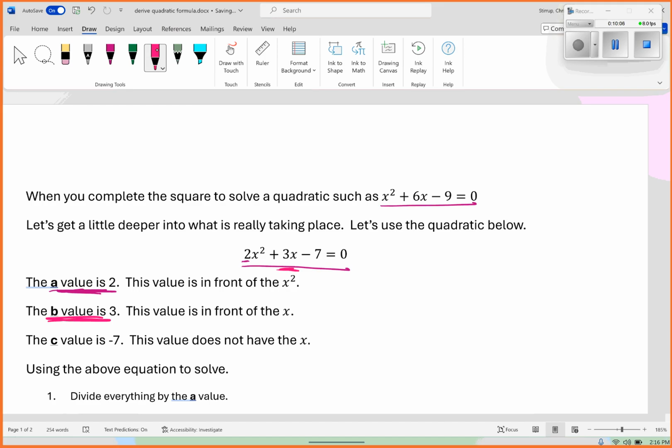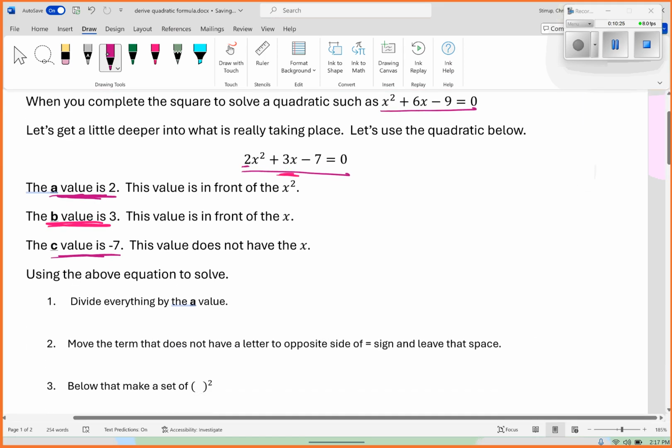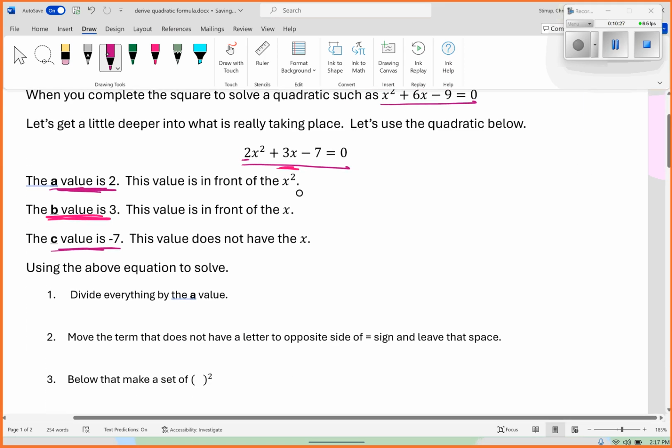That's the number in front of the term that's only x, not x squared. And then the c value is the value that doesn't have an x attached to it. Does that make sense, how I generated the a, b, and c? Okay. All right.